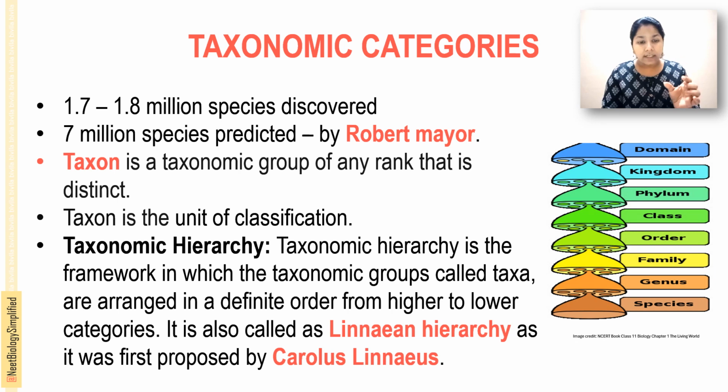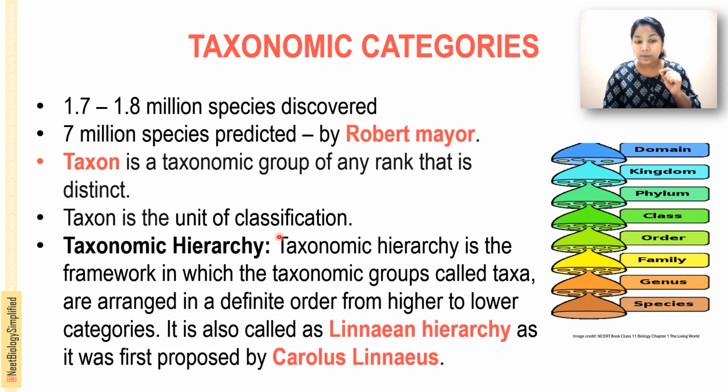Since these categories are a part of taxonomical classification, they are referred to as taxonomical categories. All the categories together constitute the taxonomic hierarchy. In other words, taxonomic hierarchy is a framework in which taxonomic groups called taxa are arranged in a definite order from higher to lower categories.